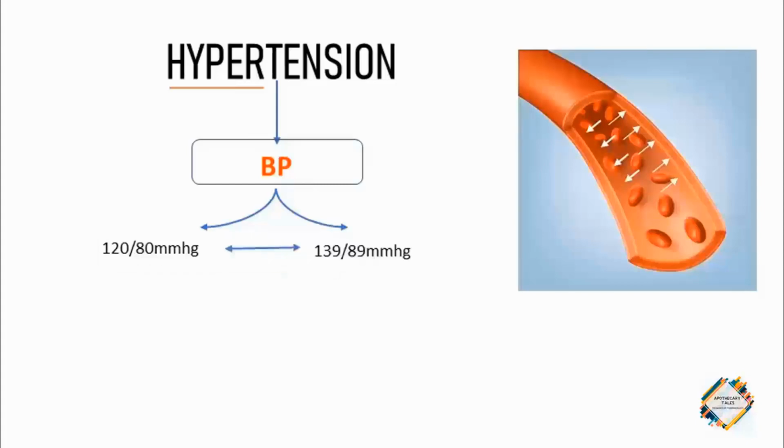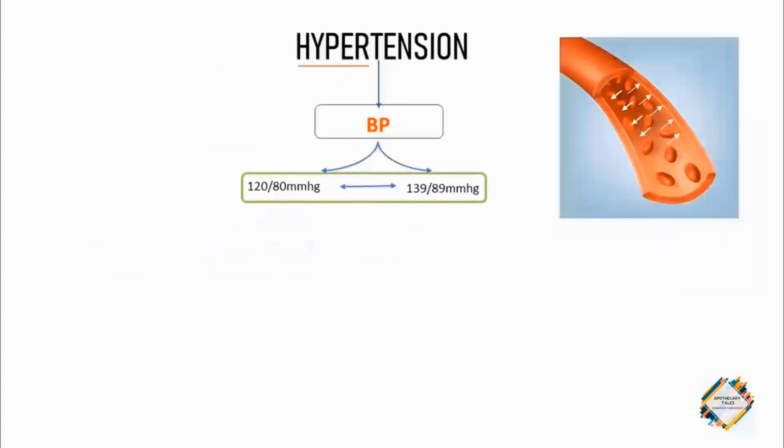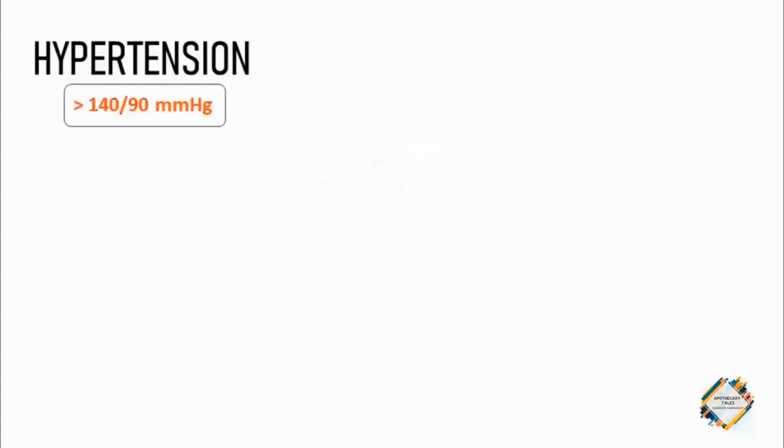So now we can say that hypertension is nothing else but the BP greater than 140/90 mmHg. That is, hypertension is a medical condition in which the sustained systolic BP is greater than 140 and the sustained diastolic BP is greater than 90 mmHg. So what's happening in hypertension?